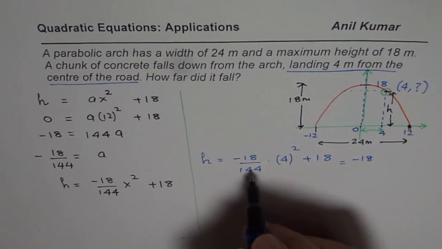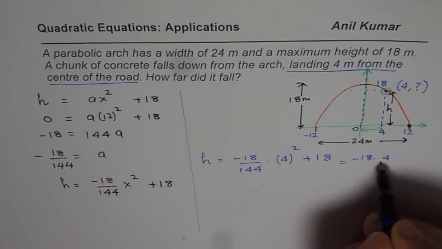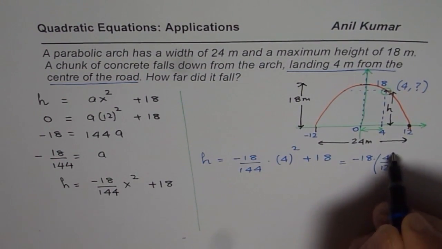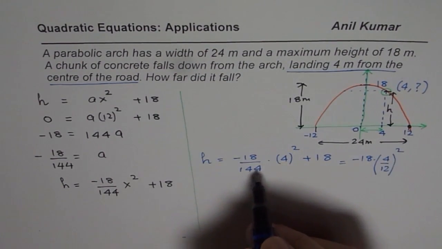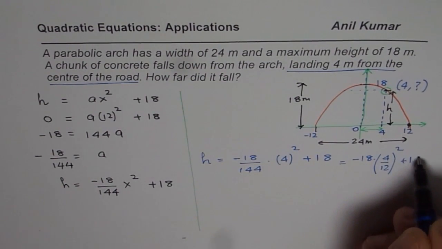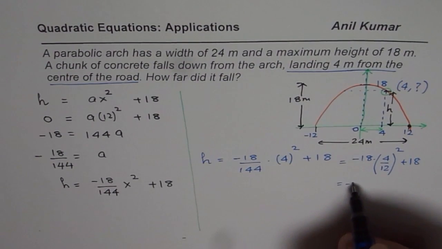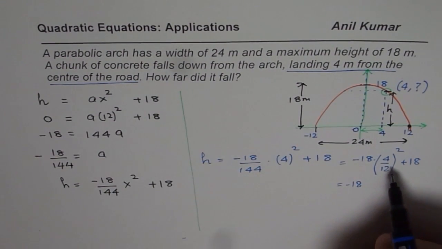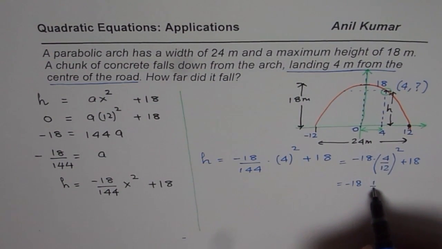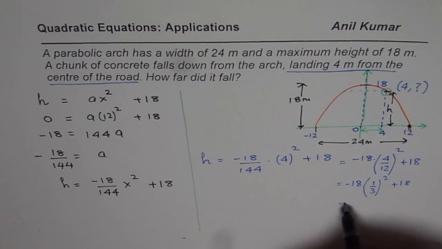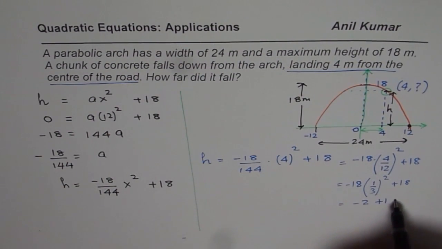Minus 18, think like this, 4 over 12 whole squared, because 144 is 12 squared. It is important because sometimes you are not allowed calculators. Now this is 1 over 3. Do you see that? 1 over 3 whole squared plus 18. 3 squared is 9, right? So when you divide minus 18 by 9, you get minus 2. Do you get it? And you get 16 as your answer.